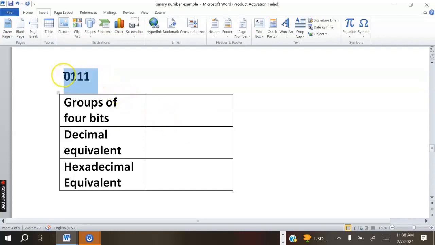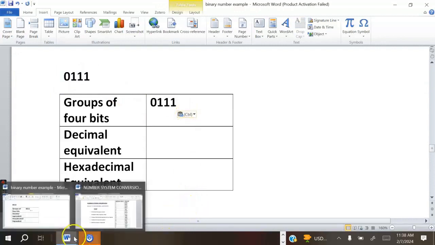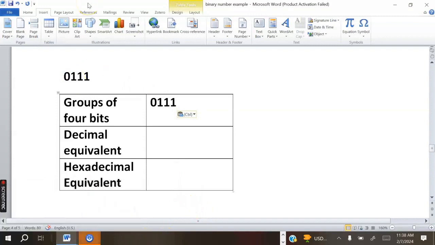Then you write your number in groups of 4. After you have done that, go to your table and check the value for 0, 1, 1, 1.